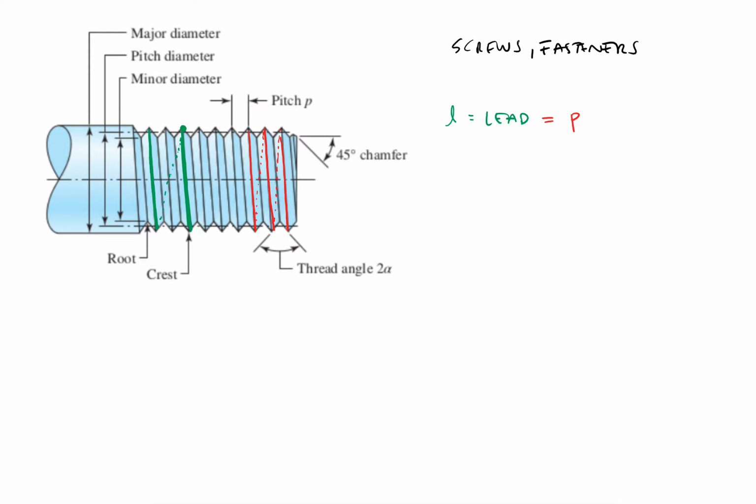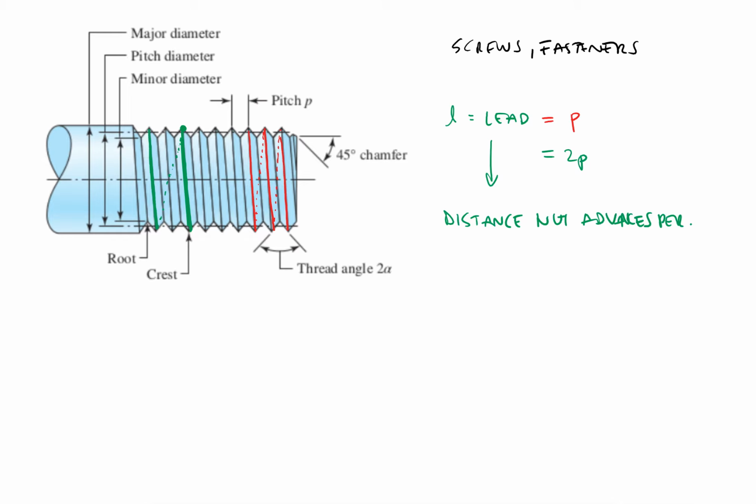So basically this is just a double threaded screw. You would see that the lead in that case is equal to 2p. So again, this is the distance a nut advances per turn. Okay, so that is going to be important.